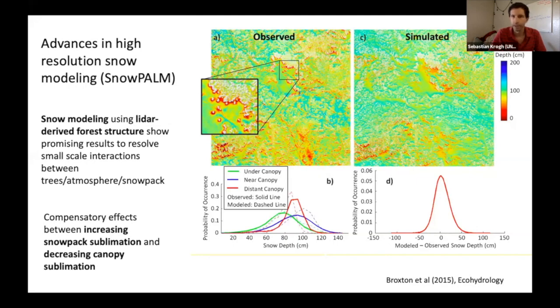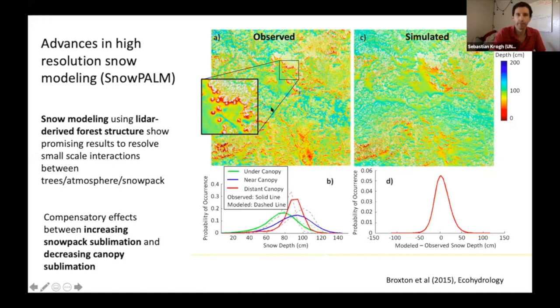And here is one example from Broxton 2015 using a model called SnowPALM, which is the same that I'm using for this study. And he uses lidar-based forest structure basically to define how big the trees are, what's the density of those trees, and how those are scattered through the landscape. And you can see very interesting spatial patterns.